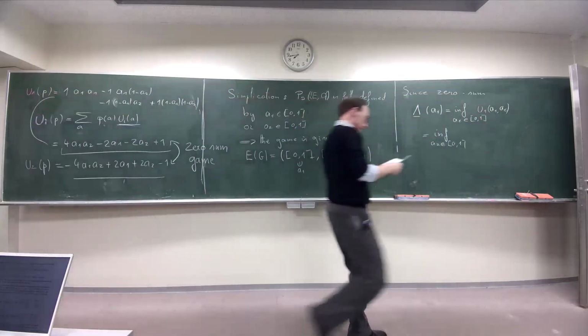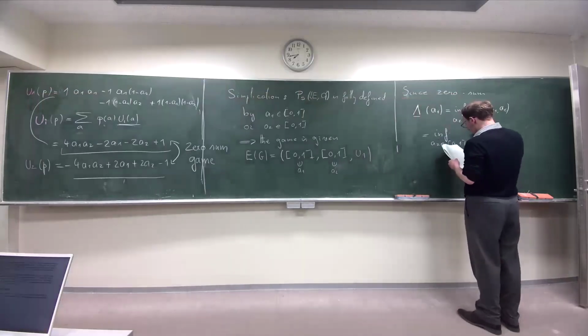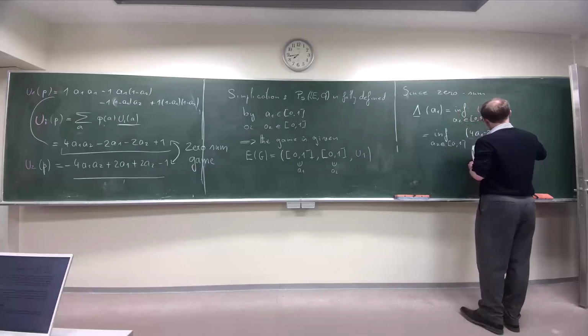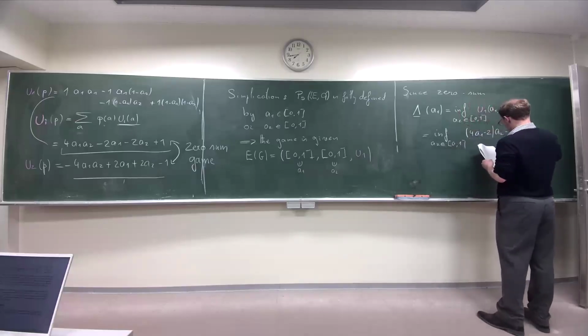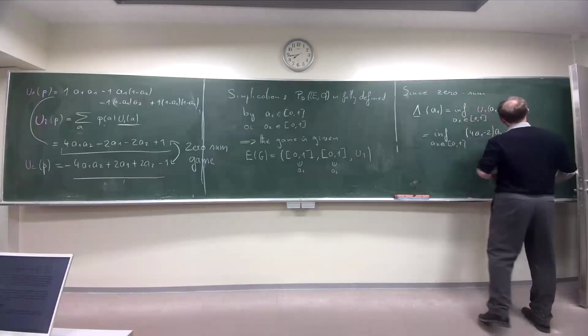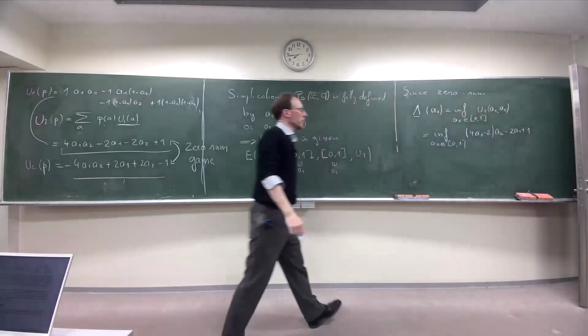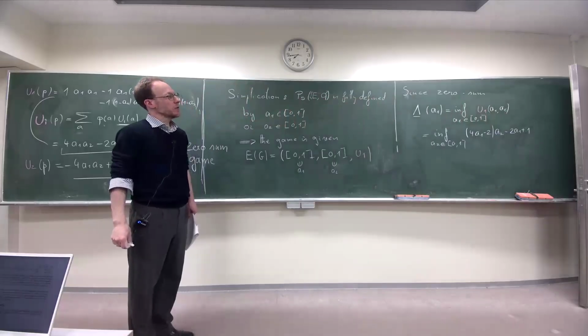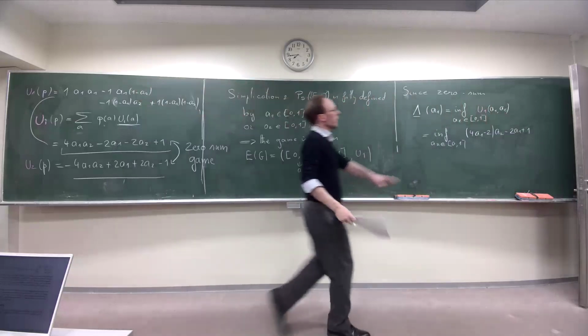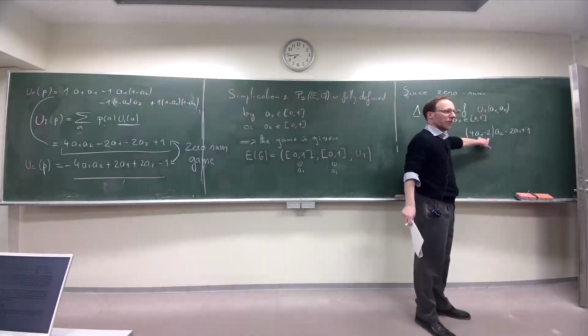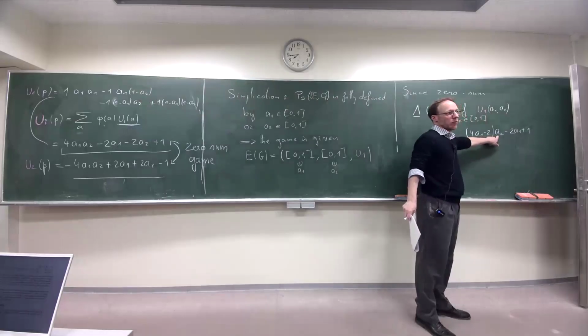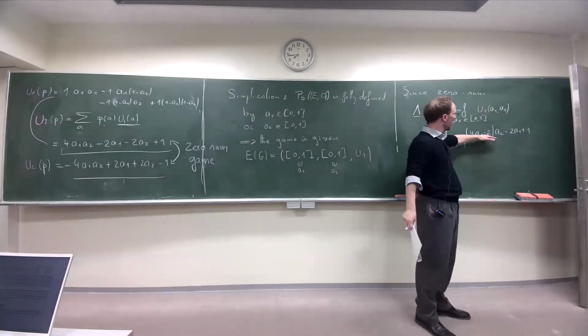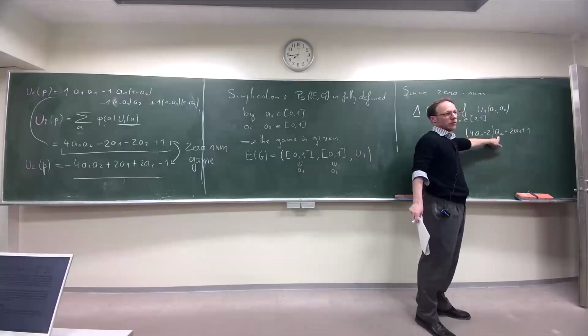If you just look at it like this, it's not completely trivial what it is, but if you reorganize it in this way, (4A1 minus 2) A2 minus 2A1 plus 1. Now I'm claiming you can compute this infimum. I take the infimum over A2. If the parenthesis is positive, then I had better take 0, because if I want a minimal number, I take A2 equal to 0.